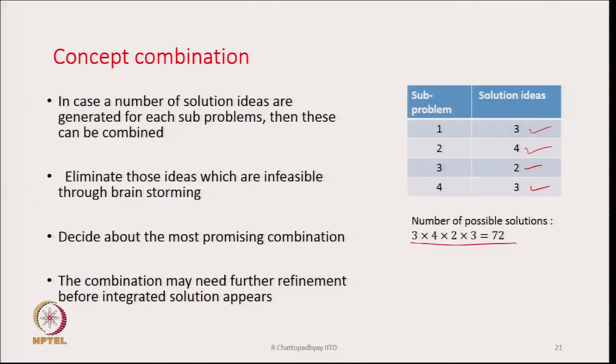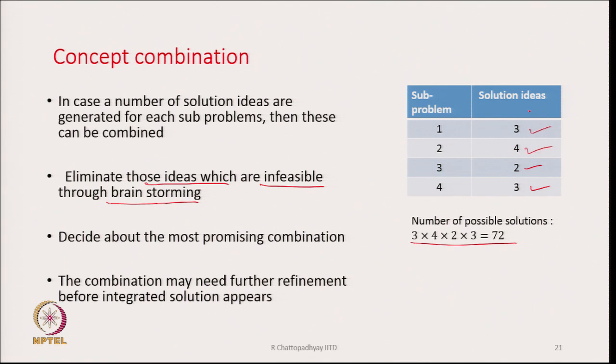The possibilities of combination have to be looked into. And what to do about this? Eliminate those ideas, because so many combinations are not practicable. So, we will first eliminate those ideas which are infeasible through a brainstorming session. Through brainstorming we have to find out, can I reduce sub problem 1 ideas from 3 to 2 or 1, sub problem 2 ideas from 4 to 3 or 2 to 1, like that.